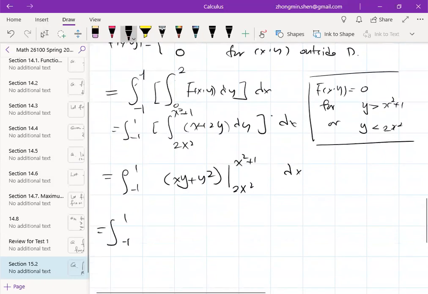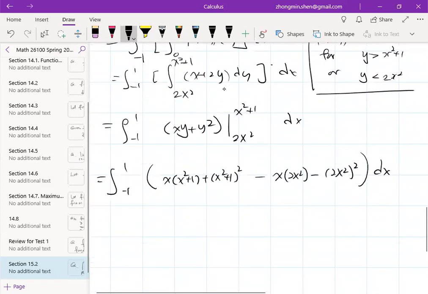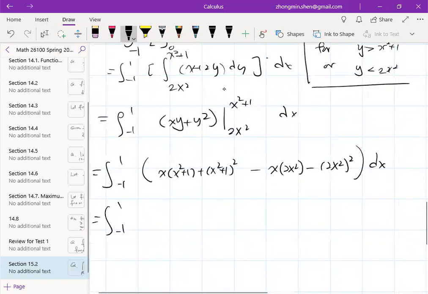So now I'm going to put x squared plus 1 here, x squared plus 1 squared. Oh, that's too bad, too many terms. x, 2x squared, minus 2x squared squared. You have too many terms like that. Then multiply this out.